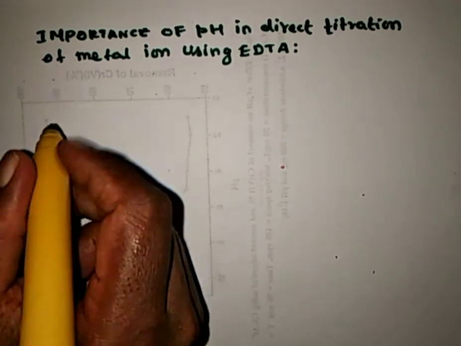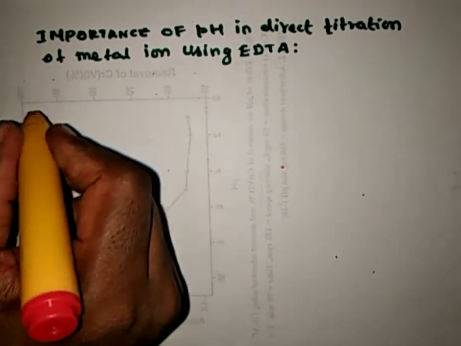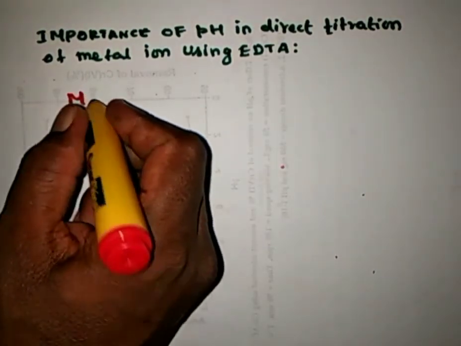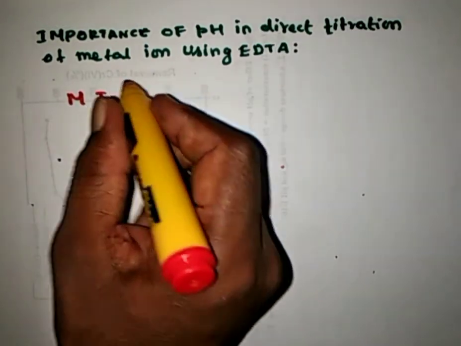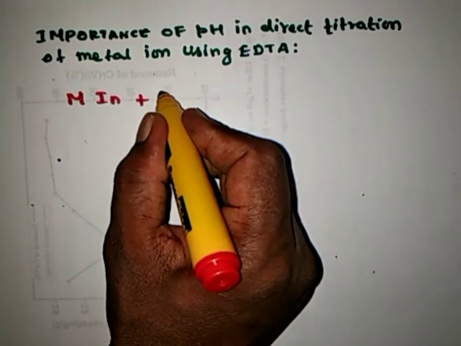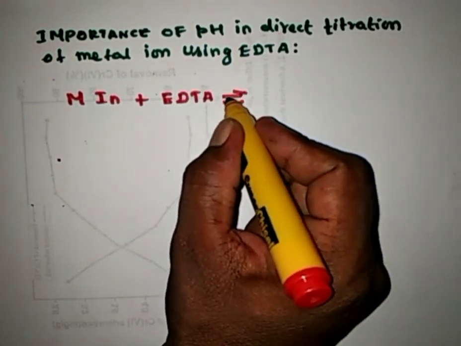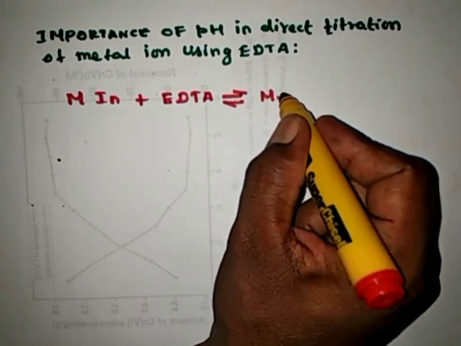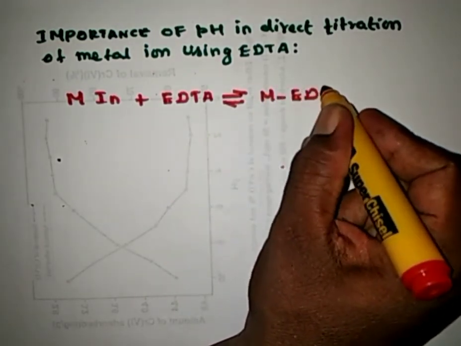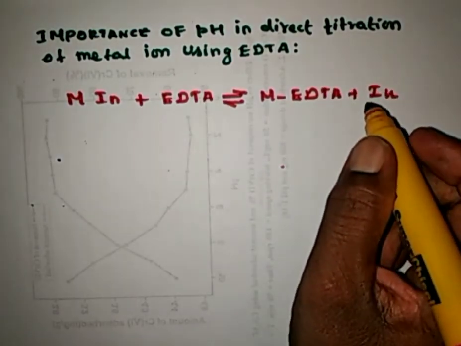If we take the metal ion indicator, the metal forms a complex with the indicator, which gives one color. When it combines with the complexing agent EDTA, the metal forms a metal-EDTA complex and the indicator comes out, in another color.